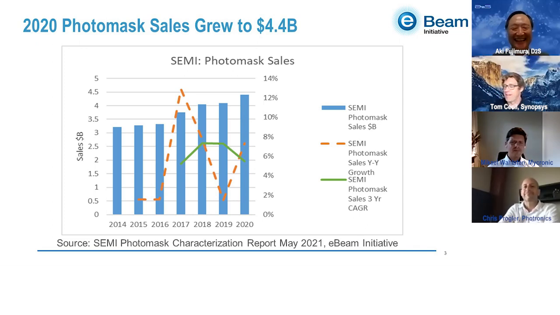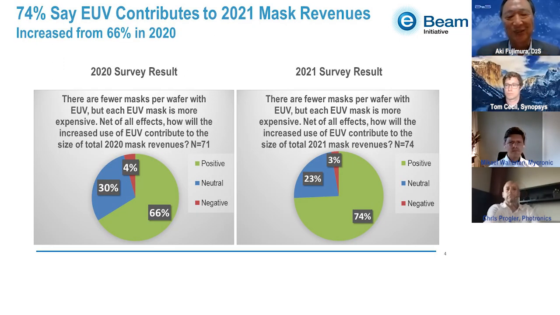Okay, sounds good. All right, let's go to the leading edge topic. Luminaries are pretty clear that the net of everything, the shift to EUV masks, is contributing positively to the overall mask market. Tom, you work on the OPC side, so I think you would know how it might be happening now versus in the future.